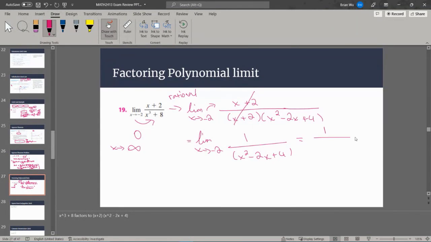We get 1 over 4 minus 2 times -2 plus 4, which is 1 over 8 plus 4, which is 1/12. And that's how you solve these kinds of limits. So you should look out for things to factor, especially for rational functions, because that's one of the key things you can do for these.